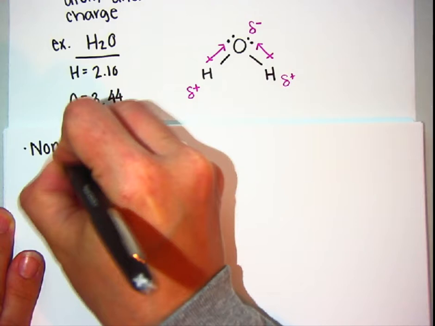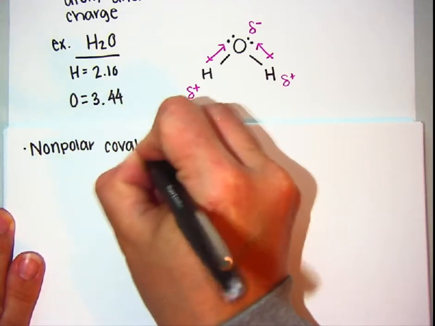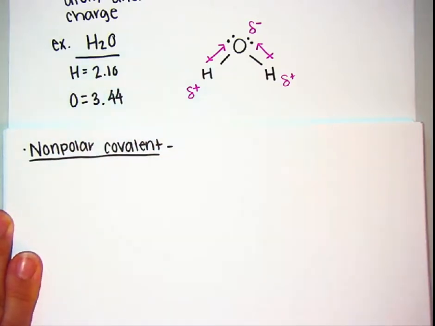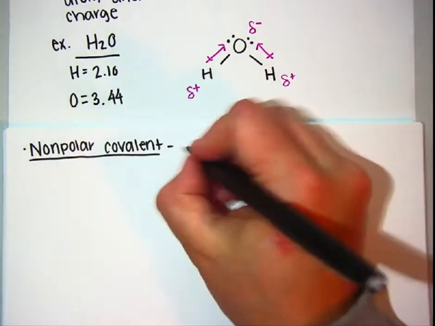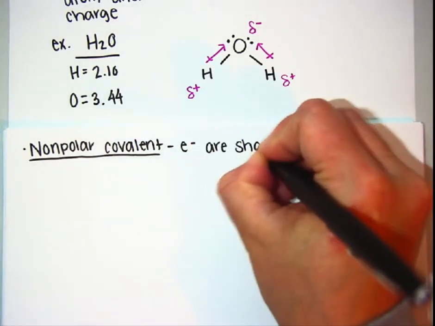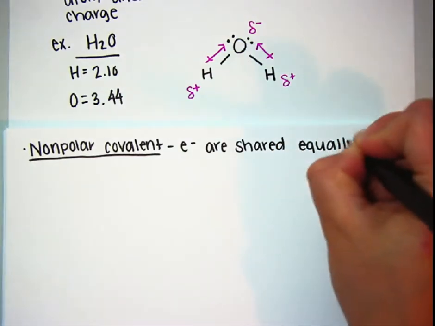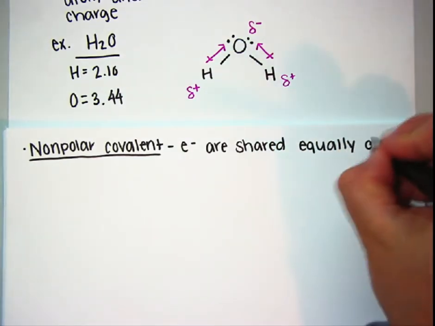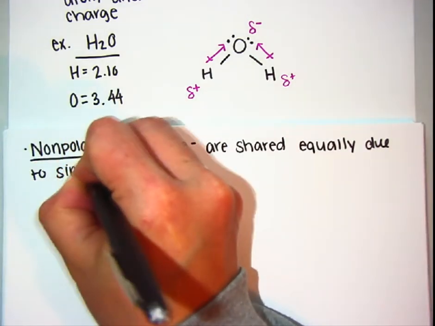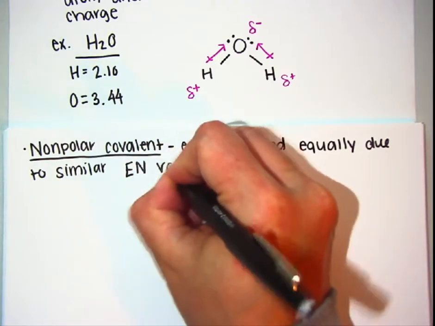We could also have non-polar covalent compounds. If a compound is non-polar, the electrons are shared equally due to similar electronegativity values.